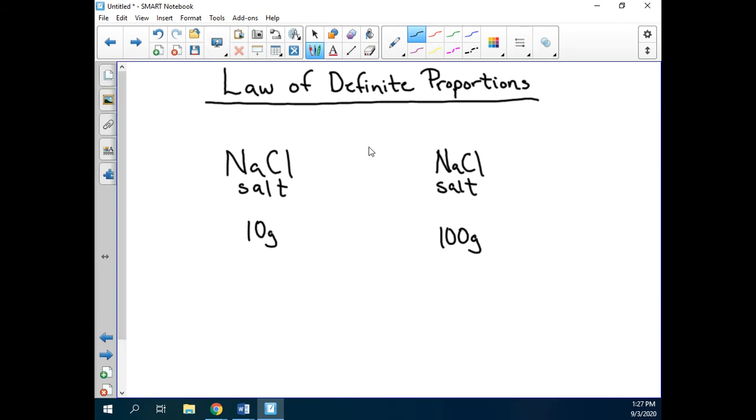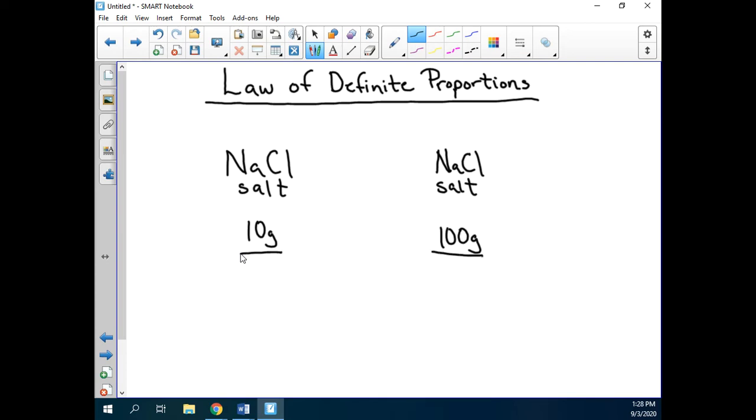For the law of definite proportions, what that means is if you have two formulas, in this case it's salt, sodium chloride, NaCl and NaCl. With this sample of sodium chloride, I have 10 grams. With this sample, I have 100 grams.